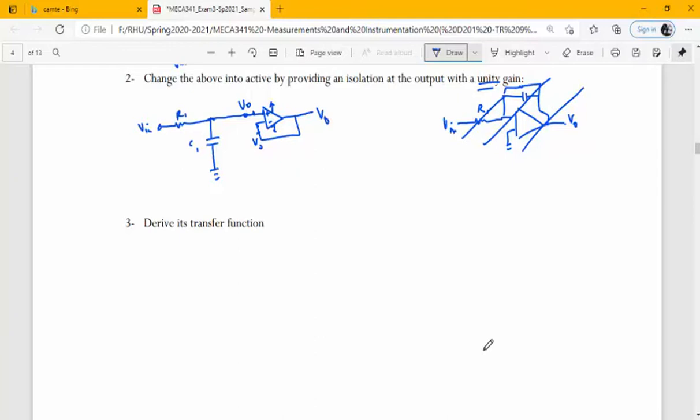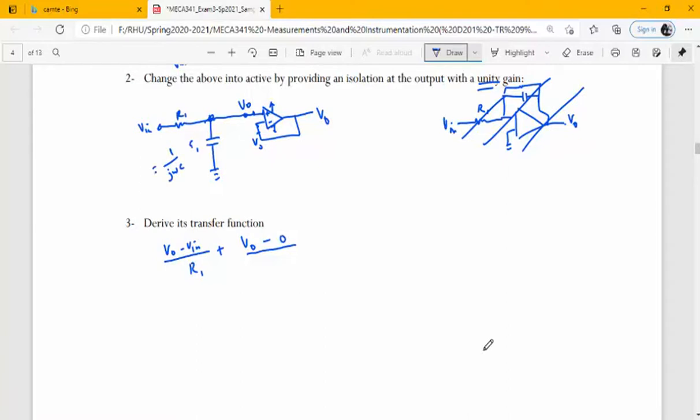Alright, so in order to derive the transfer function, we have V out minus Vn over R1, plus V out minus 0 over the impedance of the capacitance, and this is equal to 1 over jwC.